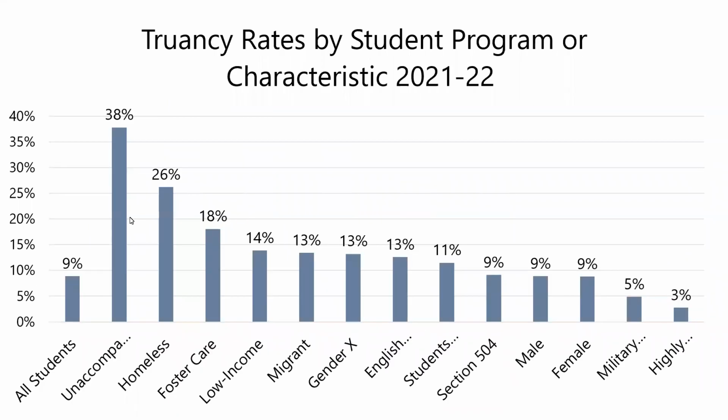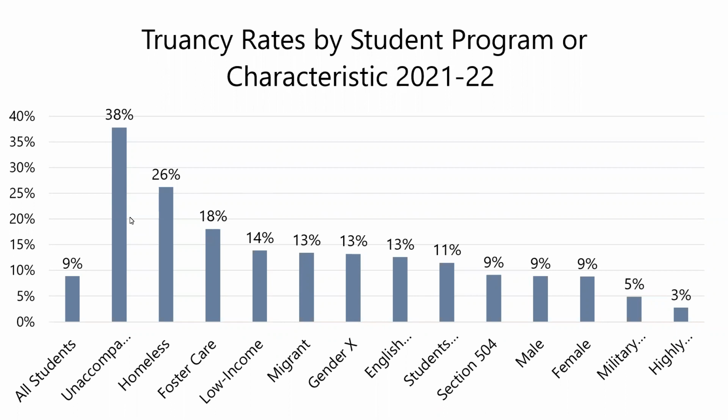And then when we take a look at truancy rates by student program or characteristic, again, 9% of all students experience truancy. I apologize that these labels are cut off. I will identify them for you from left to right. So 38% of unaccompanied students experience truancy.